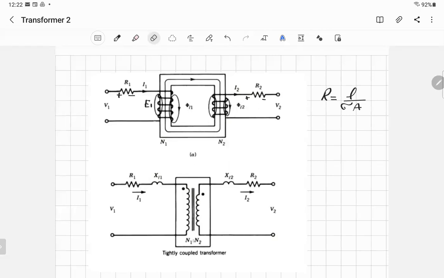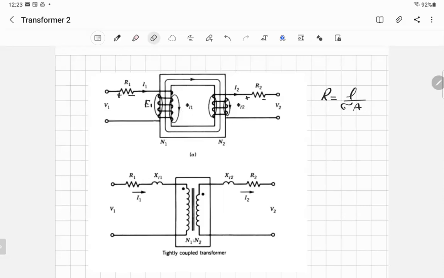That's the mutual flux. And the other is the leakage flux, phi L1. It's the leakage flux that does not flow in the core and does not link the other winding. It's only linking its own winding N1, and most of this flux is in the air, as you see, part in the winding, most of it in the air.